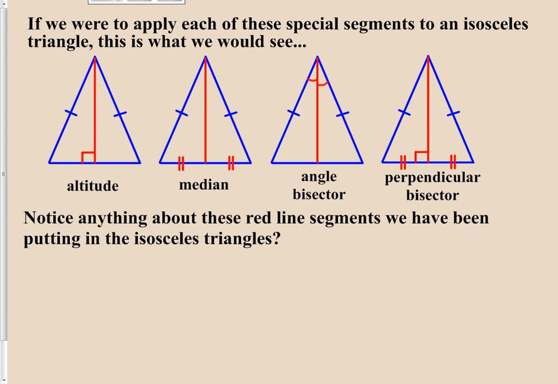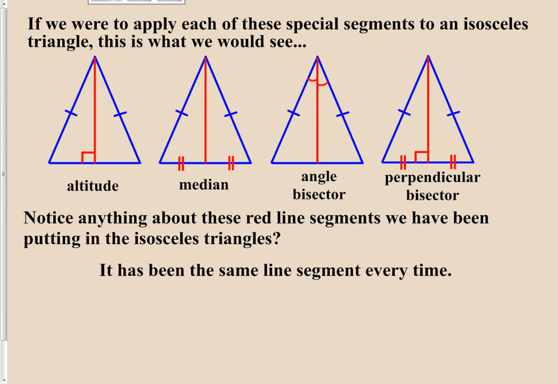And the thing that you would notice if you were to take measurements of all of these triangles is that it is the exact same red line segment every single time. It is not even so much as a fraction off one way or another, that it's the same line segment each and every time, regardless of the properties that these different terms carry with them.